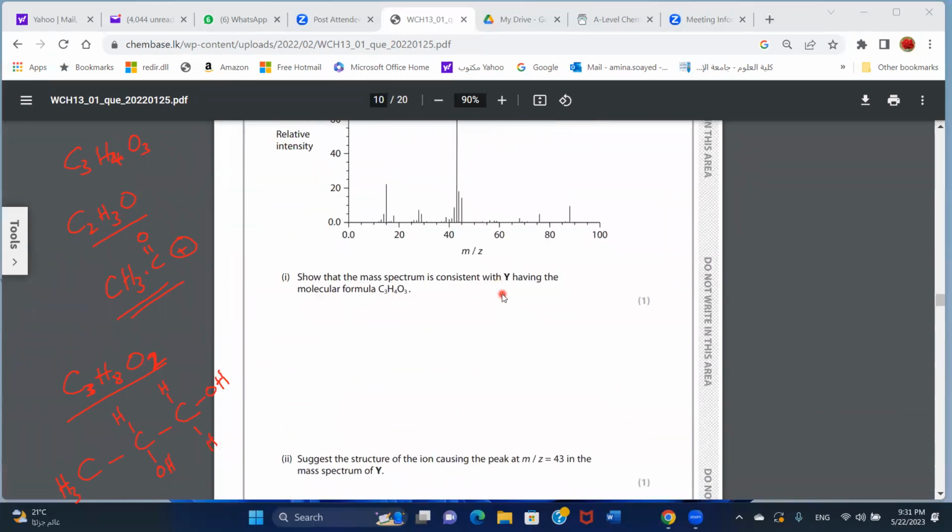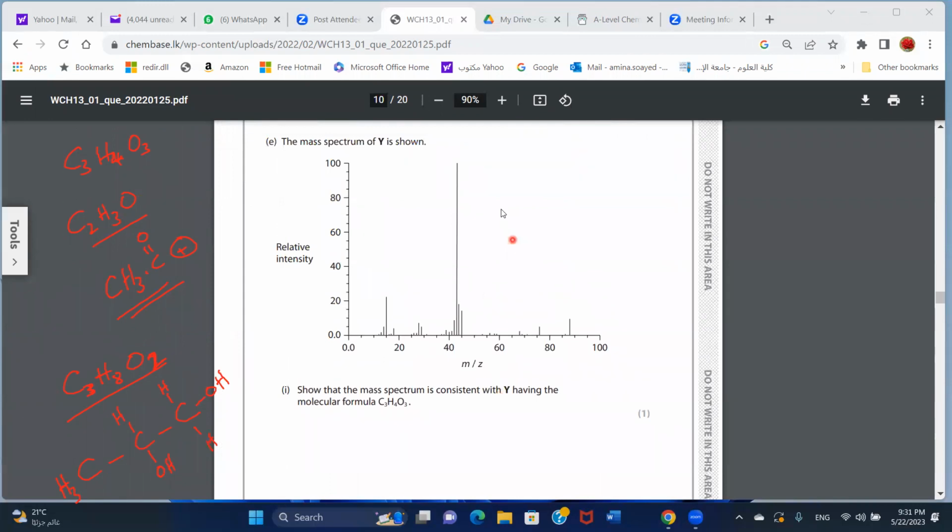And here we have seen that it also has a CH3, C double bond O positive group. So what will be the structure of Y?